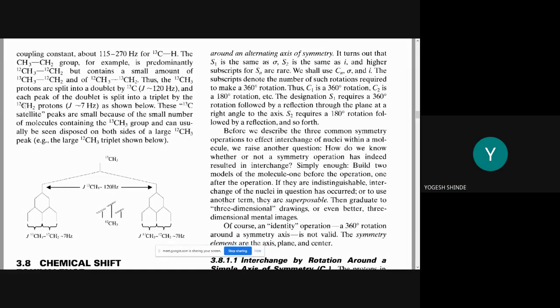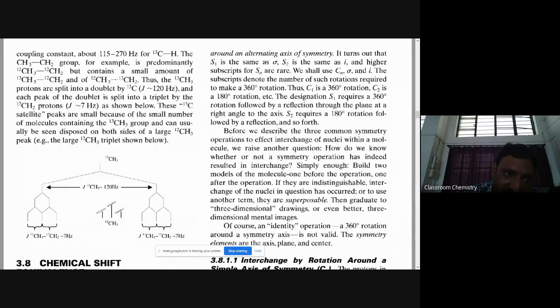And due to this inactivity of C12, the value is less, that is 7 Hertz, because the H couples with something, that is C12, but C12 is NMR inactive. And that's why its value is near about 7 Hertz. But in the case of C13, what happened? You observe the large coupling constant value.